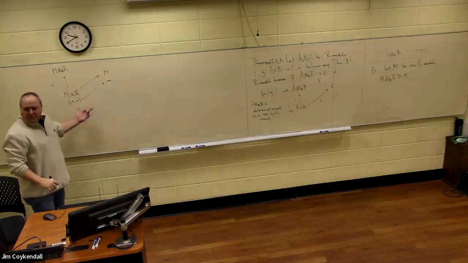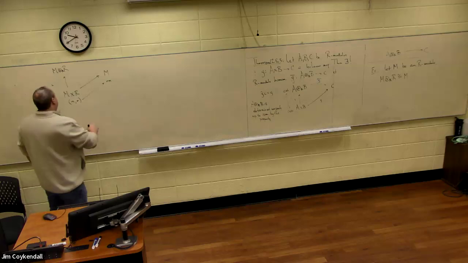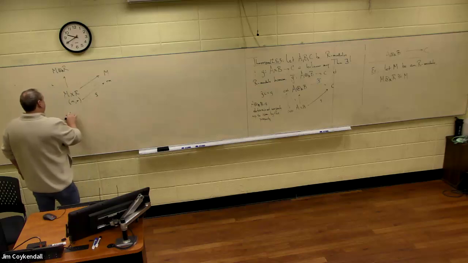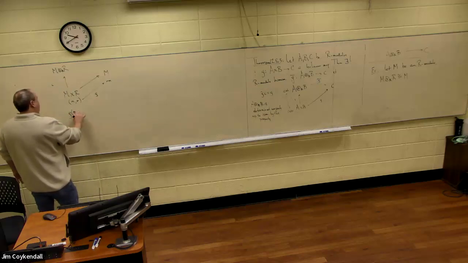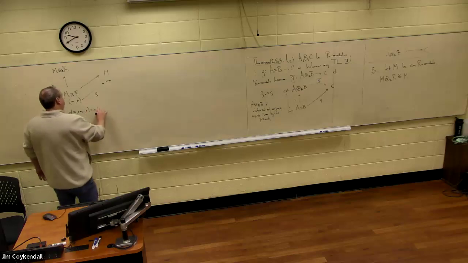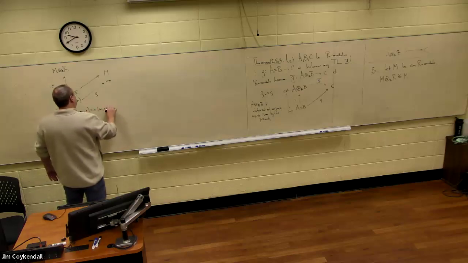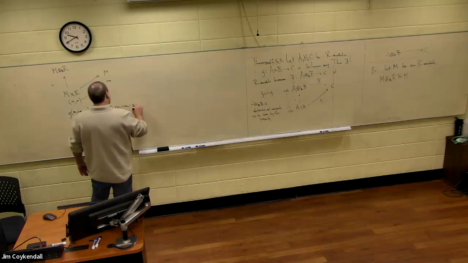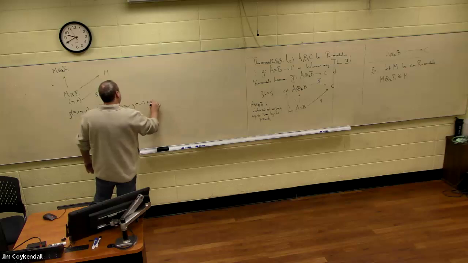All we have to do is check this is bilinear, and I'll call this G, and that's not too bad to do. Notice that G of (M1 plus M2, R) is R times (M1 plus M2), which is R M1 plus R M2, which is G(M1, R) plus G(M2, R).